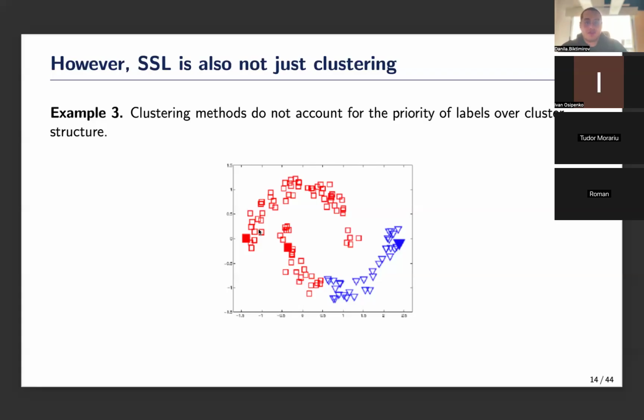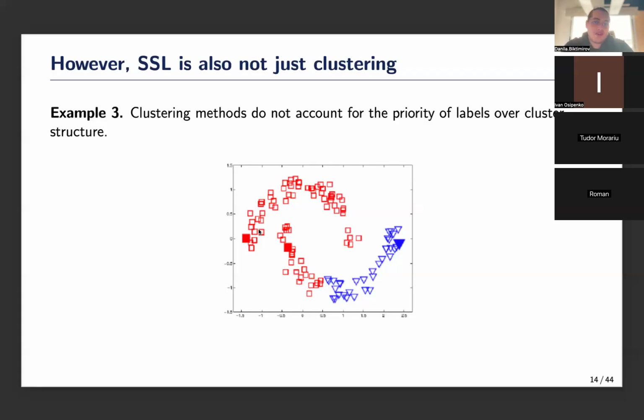Despite the natural clustering structure suggesting that the lower banana should remain a single cluster, the fact that a teacher labeled two distinct points as belonging to the same class forces the SSL model to split the lower banana into two separate parts, even if it contradicts intuition from clustering methods or any unsupervised structure in the data.